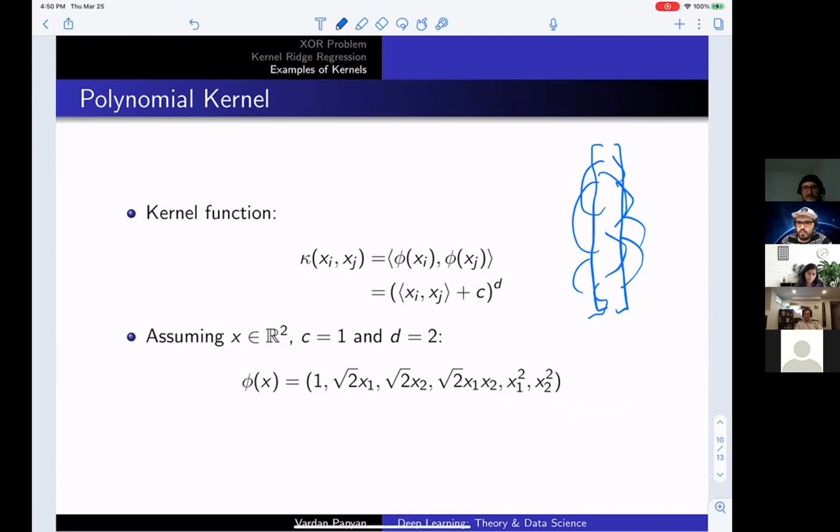Notice that if one were to calculate the feature vector explicitly, that would take a long, long time, right? Calculating all possible monomials would be very computationally demanding. However, taking two examples, xi and xj, calculating an inner product, adding a scalar, and calculating a power is very efficient.